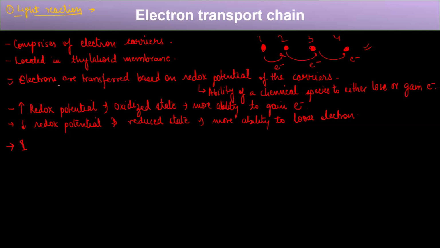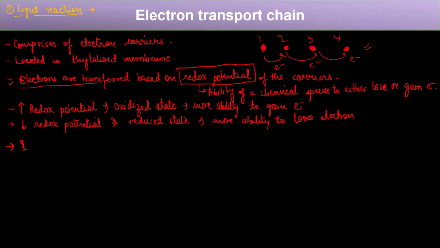The answer was that electrons are transferred based on the redox potential of the carriers. Now, what is redox potential? It is the ability of a chemical species to either lose or gain electron.